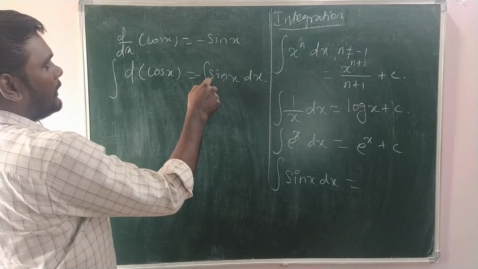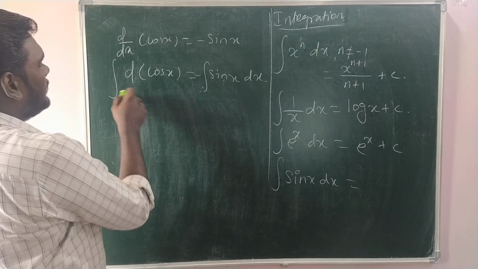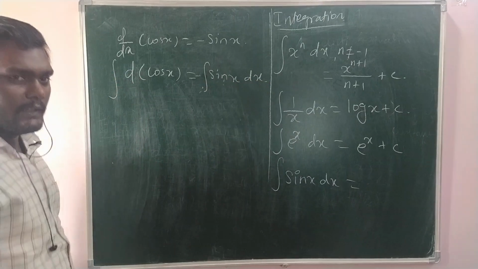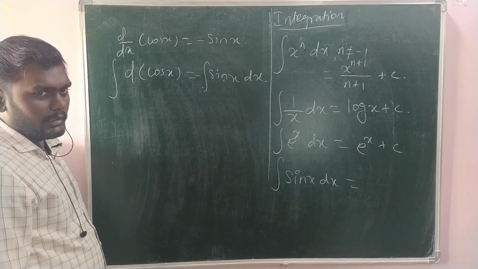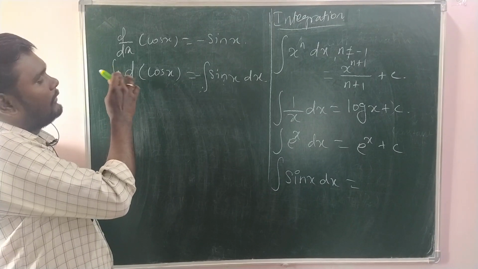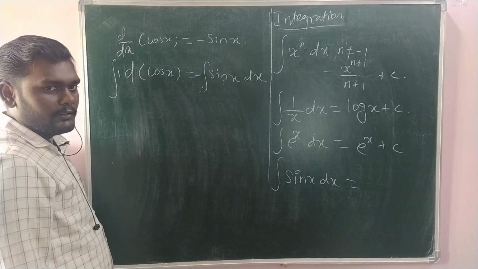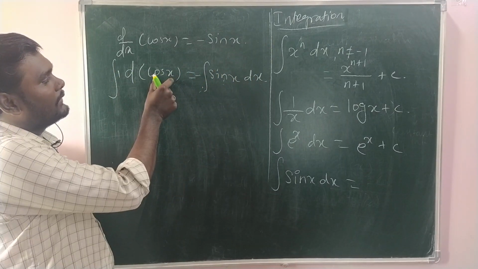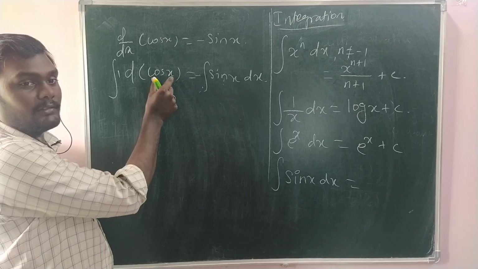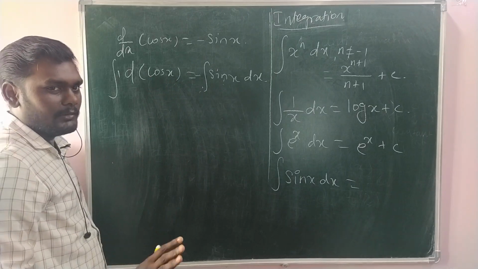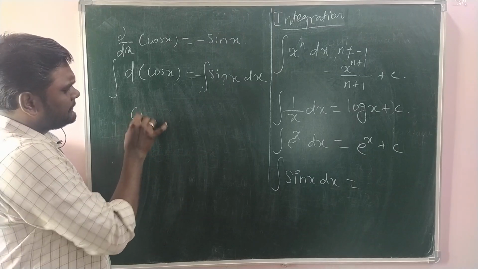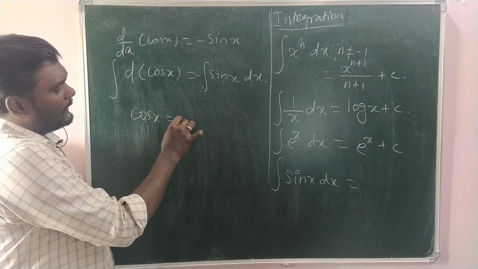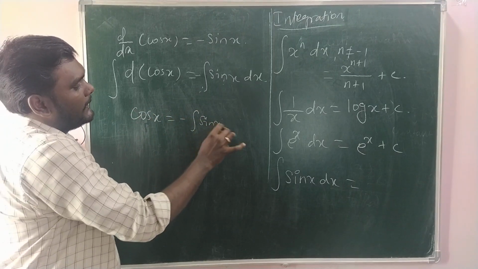Integration and differentiation get cancelled, so we get cos x is equal to minus integral sin x dx.